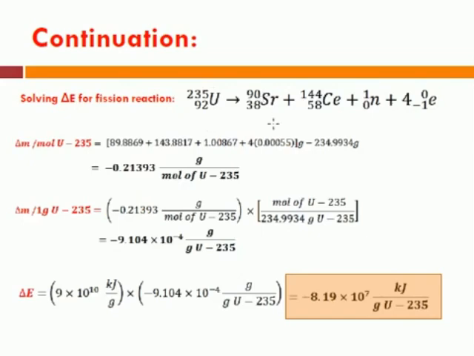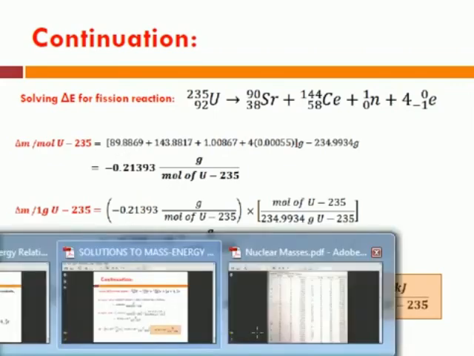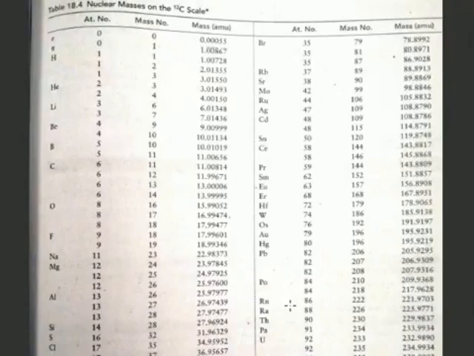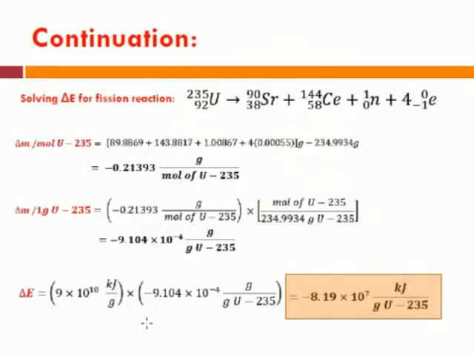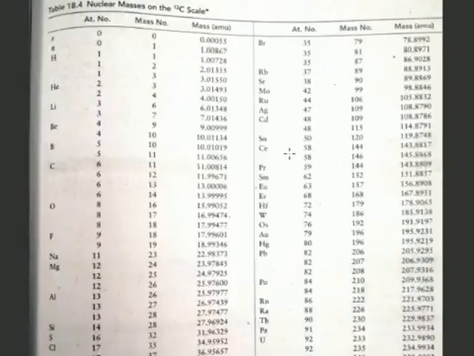So for strontium-90, we have 89.8869 here. Then next, for cerium-144, we have 143.8817.